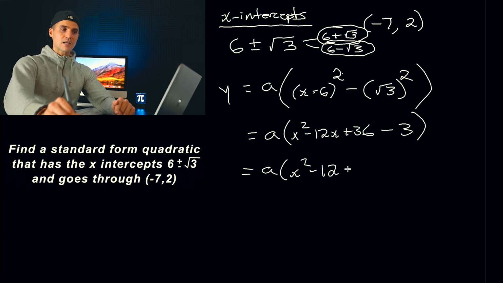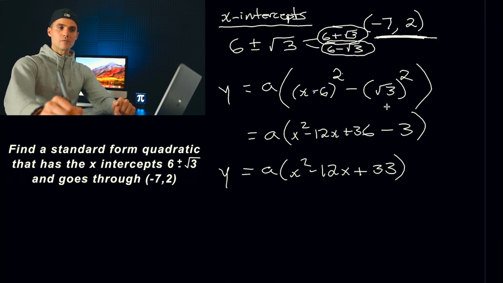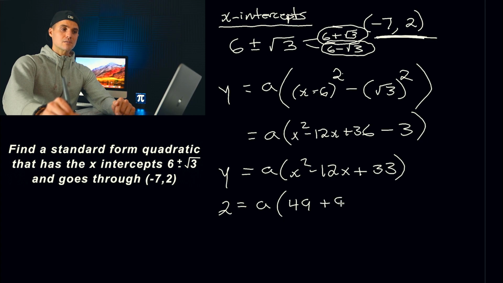But now we're not done yet because we still have to solve for this a value. How are we going to do that? Well, we know the quadratic function is going through that point, -7 and 2. We could plug in 2 for y, plug in -7 for all the x values. -7 squared is positive 49. -12 times -7, be careful with your signs, that's going to be plus 84 plus 33.